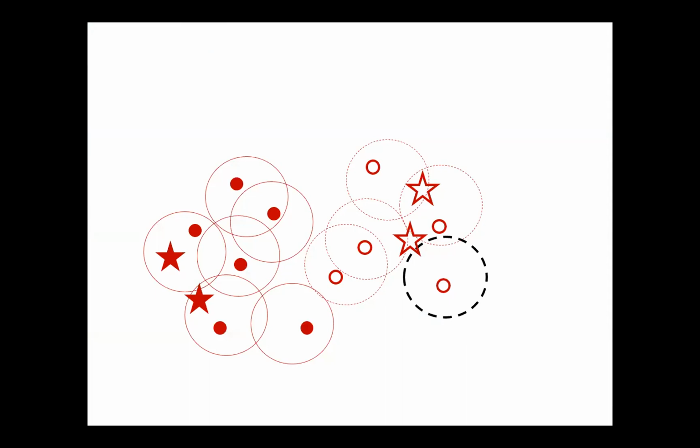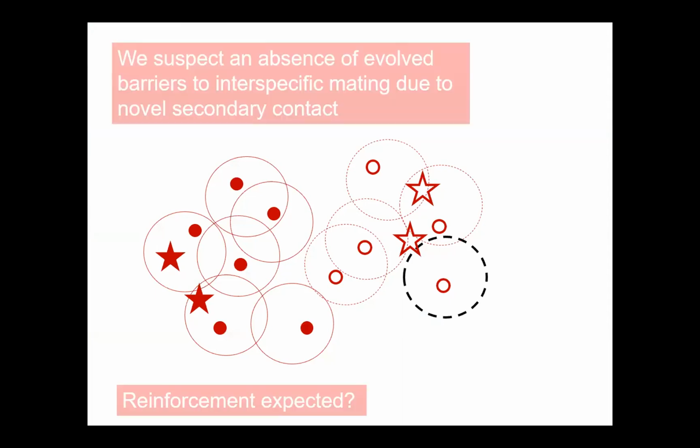So this kind of mechanism can promote heterospecific nesting, which can lead to hybridization. And there's a lack of evolved reproductive barriers, which can lead to this hybridization.